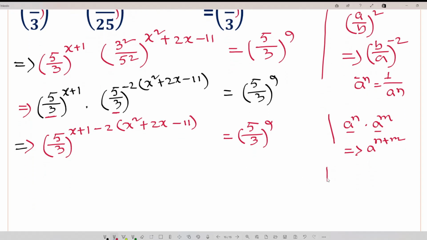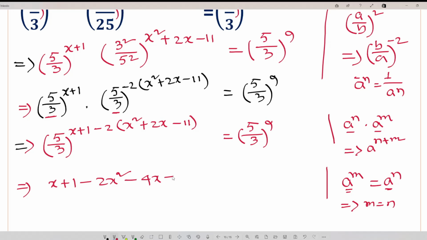And another formula: if a^m equals a^n, once the bases are the same, the powers will also be equal, so m equals n. Same thing we can write: x+1−2x²−4x+22 equals 9, because 5/3 is the base, and the powers on both sides will be equal.